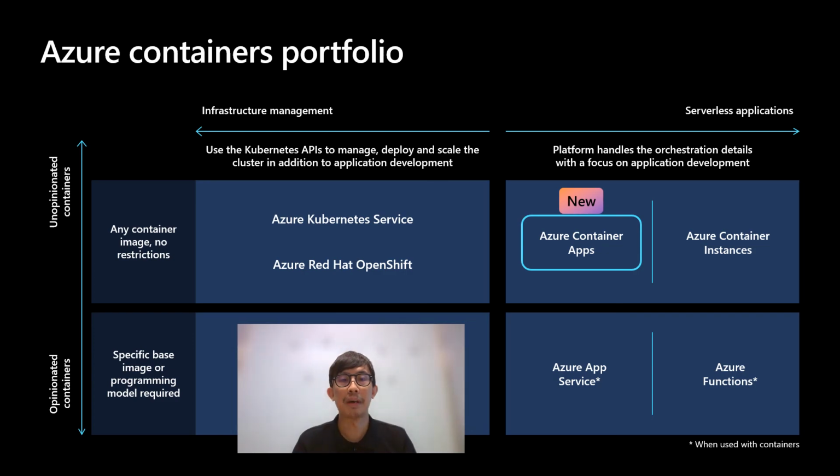Nevertheless, there are times where your application may call for more fine-grained control. From a y-axis perspective, it is all about how opinionated the platform is and whether your application can fit the opinionated approach of the service, and also which part of your application portfolio is suitable for which platform service.